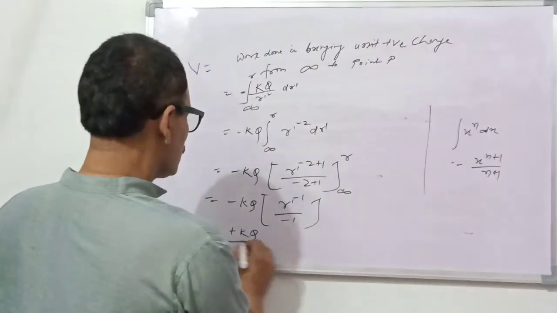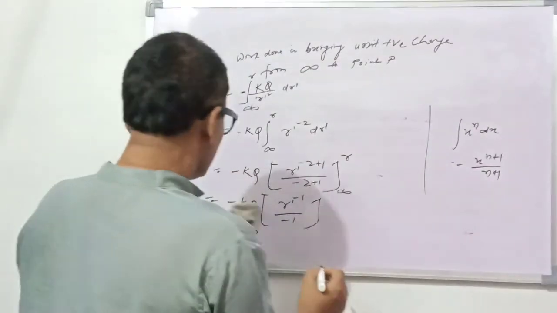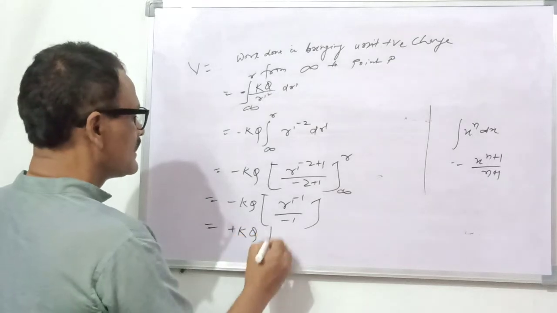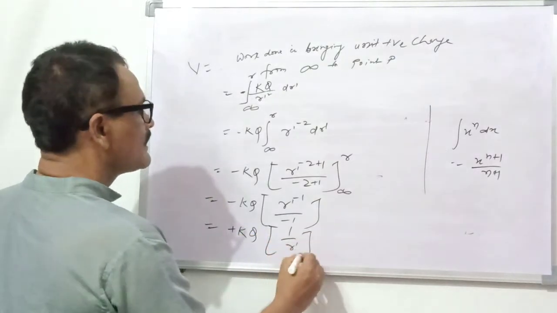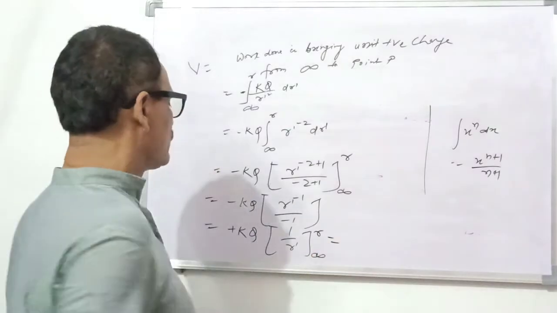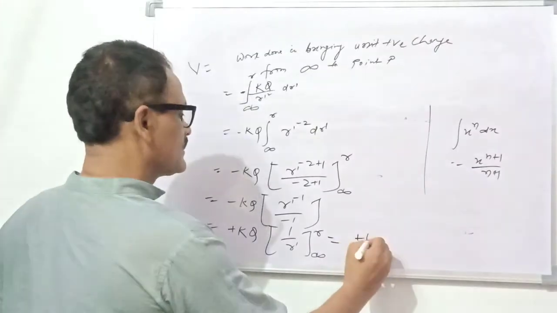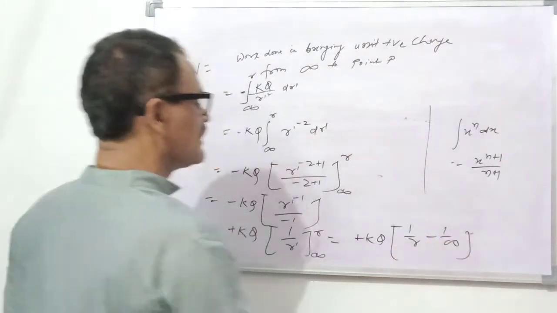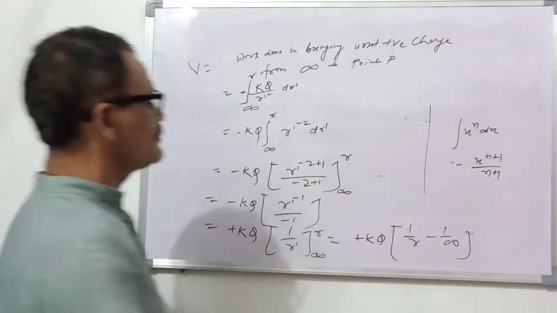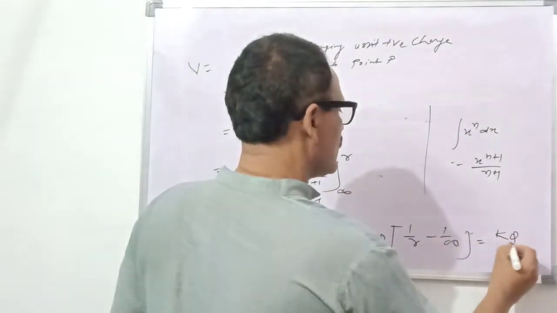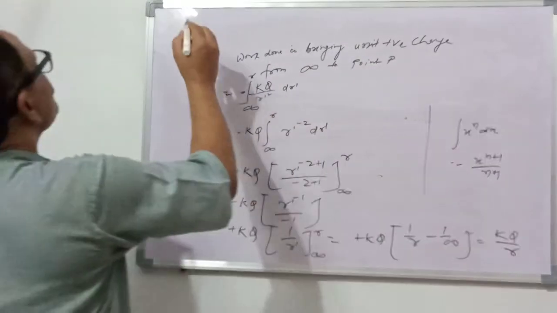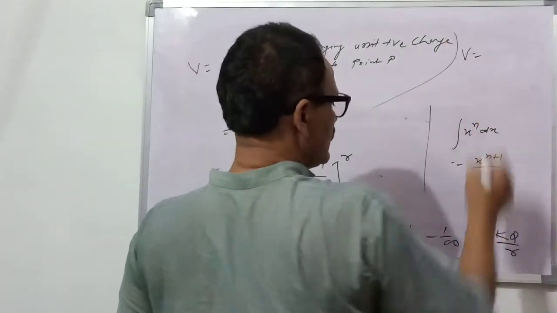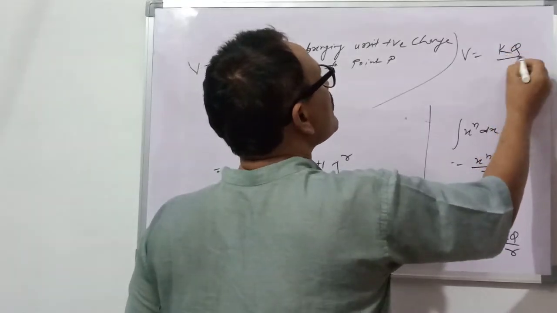So this is the minus kQ times plus 1 by r dash, from infinity to r. Now taking the limit, kQ times 1 by r minus 1 by infinity, and 1 by infinity is 0, so this is kQ by r. Thus I am writing here V equals kQ by r.